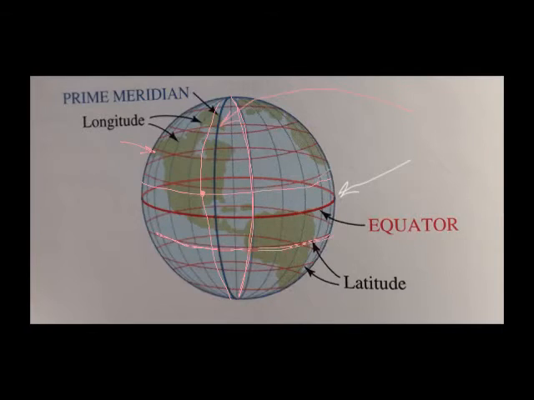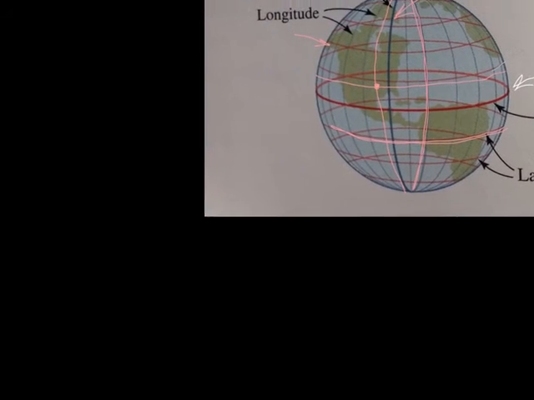So anyway, if we look at example 5, let's move this up out of the way here. If the circumference of the Earth is approximately 24,900 miles at the equator, so we're talking about the circumference.